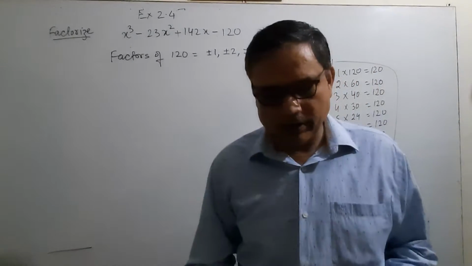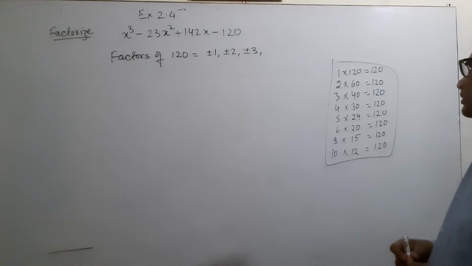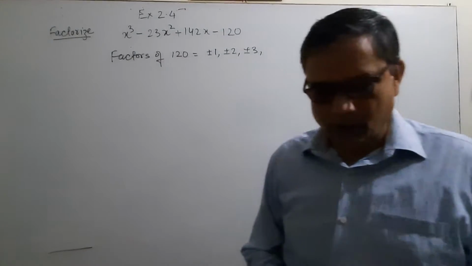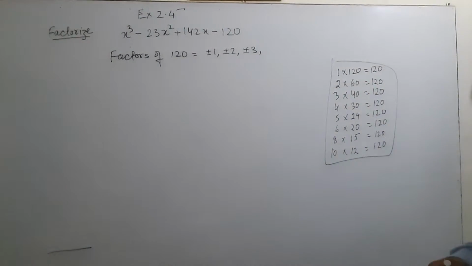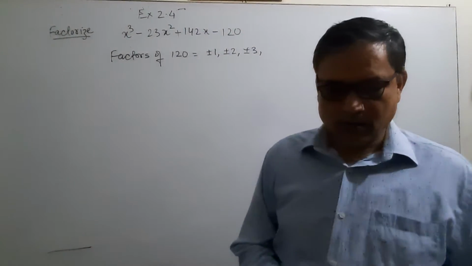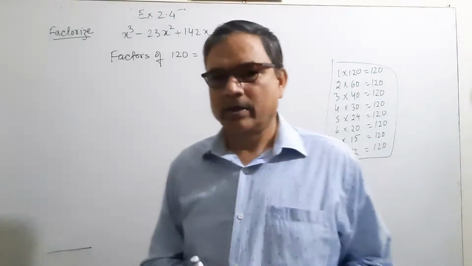All factors of 120: 1, 2, 3, 4, 5, 6, 8, 10, 12, 15, 20, and so on, up to 120.